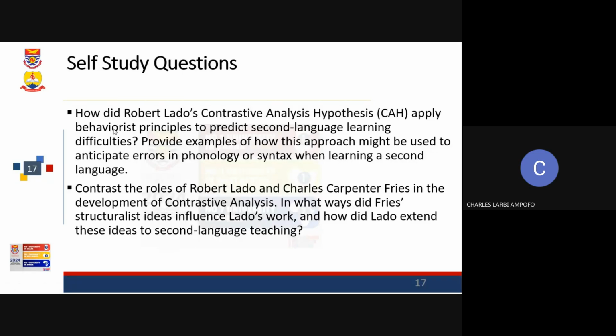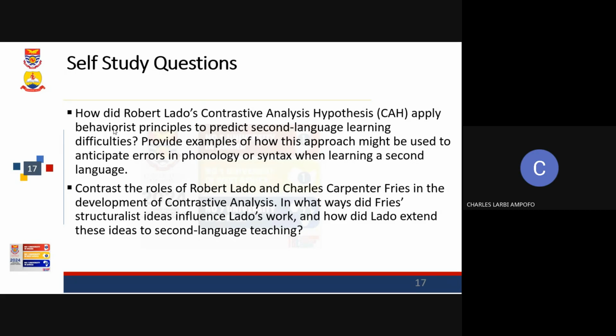Okay, so let's look at these questions for your learning. It says, how did Robert Lado's contrastive analysis apply behaviorist principles to predict second language learning difficulties? Provide examples of how this approach might be used to anticipate errors in phonology or syntax when learning a second language.